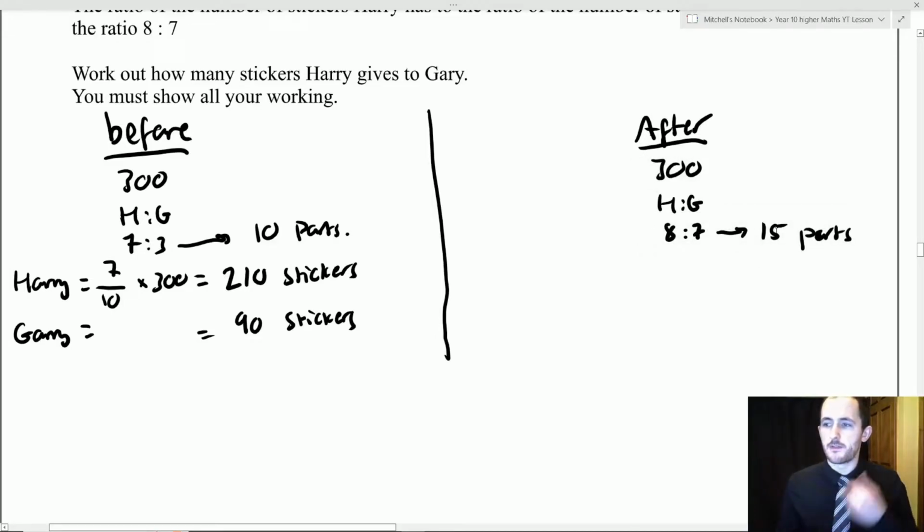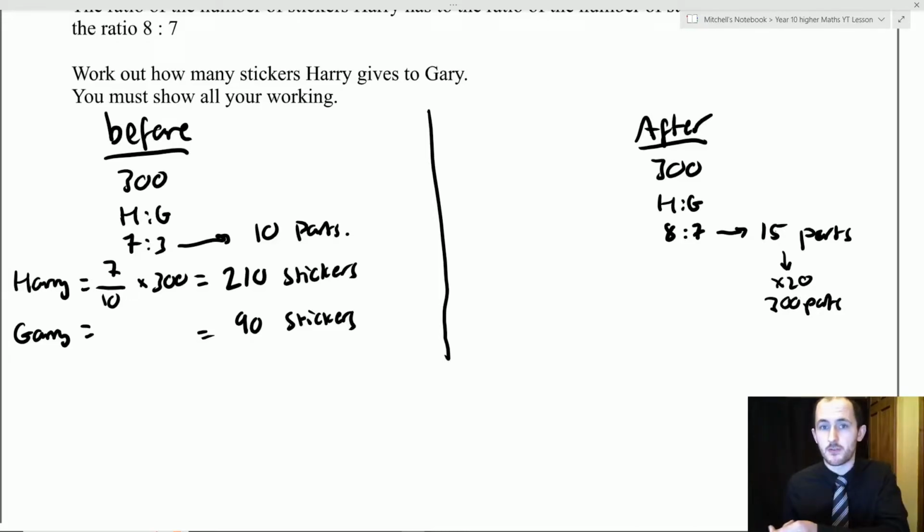So how can I go from 15 to 300, sorry? I can times the whole thing by 20 to get 300 parts. So I'm breaking up 300 stickers into 300 parts. That will give me the exact number each of them have. So all I need to do here is times both sides by 20.